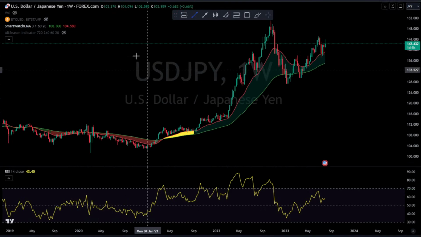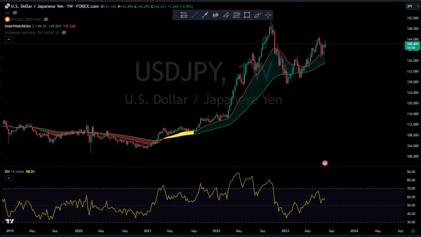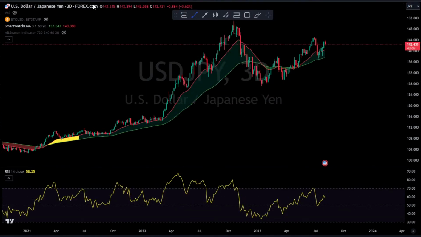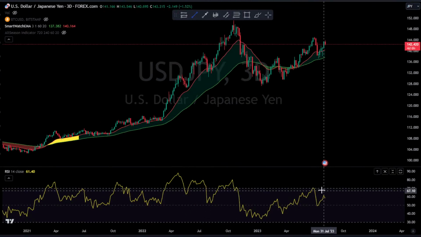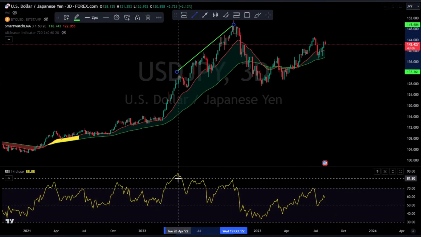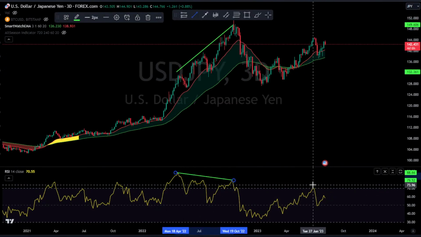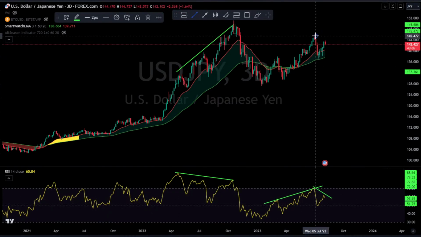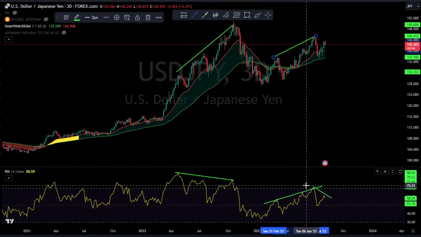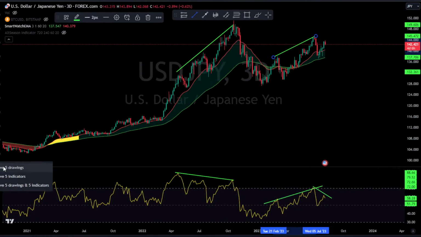So here we are on the weekly time frame, and I'll zoom in on the 3-day time frame just to get a perspective on how the tops of the RSI are matching against the tops of the price. I'm looking to see, did we have not so many bearish divergences here as we came up to this top, the second one.